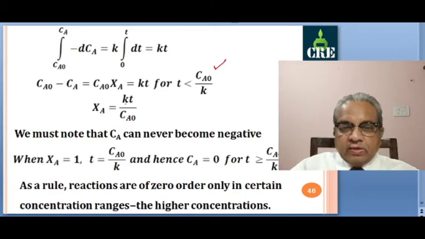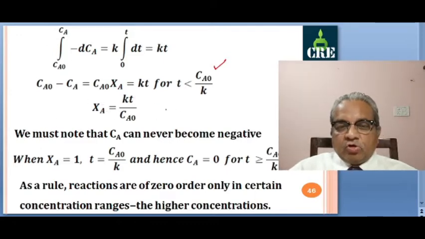From this I can write Xa is equal to kt by Ca0. What is the meaning? If you know the initial concentration Ca0 for the zero order reaction, and if you know k, at any time you can find Xa by this simple expression. This is the integrated form of the zero order rate law.